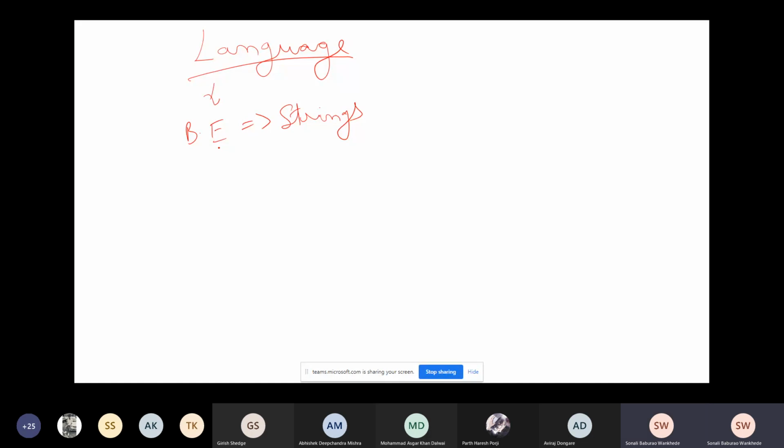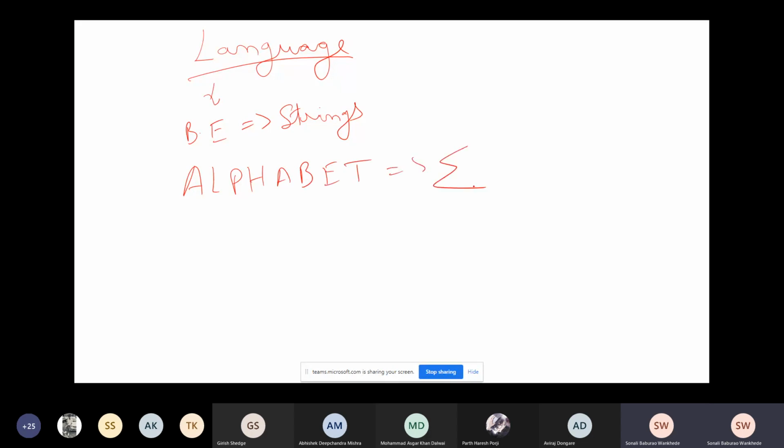How do we denote an alphabet? By sigma. Yes, very good. An alphabet is denoted by sigma.